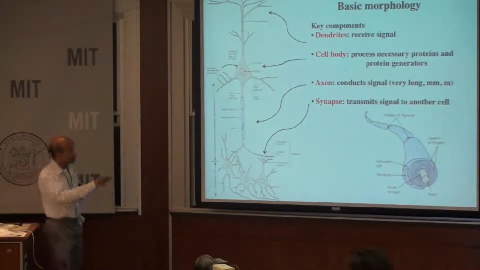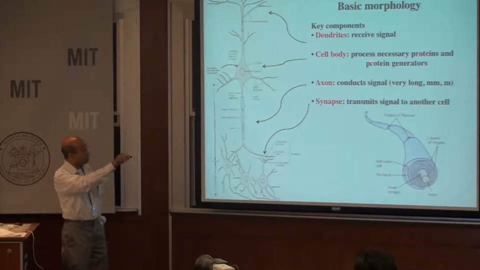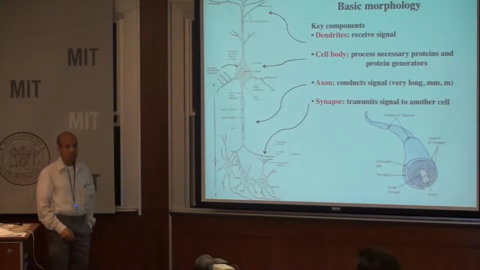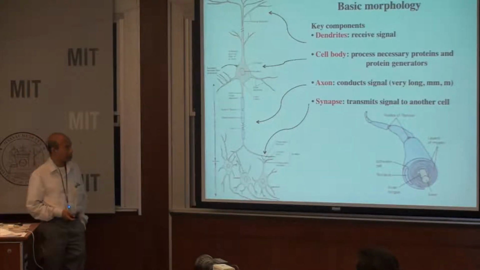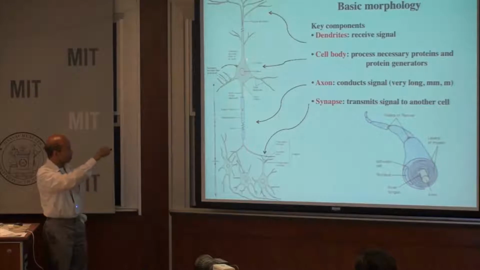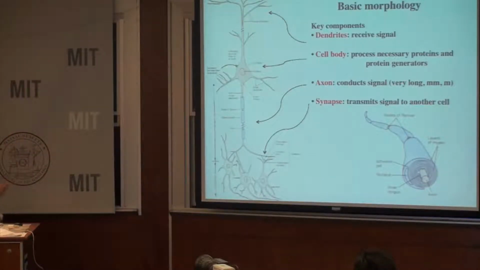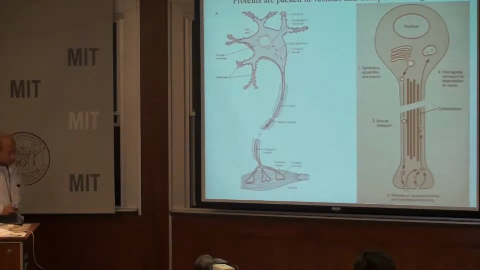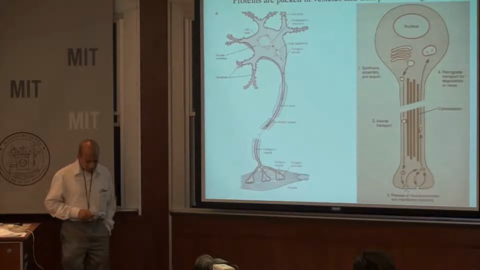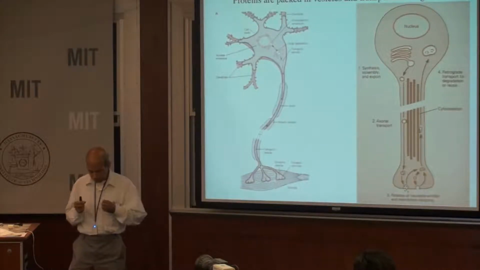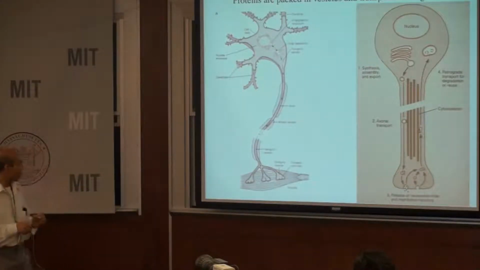The body of the cell, the cell body, processes most of the proteins and the protein generators, the mRNAs that are distributed all along the length of the axon, and to conduct the signal. So if you now look at when the cell body is producing these proteins, they are packed in small vesicles.